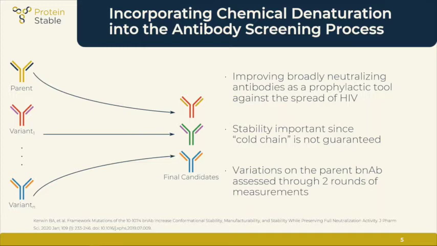Now, understandably, since HIV is the target virus, the target market for this particular product is going to be sub-Saharan Africa. And in this context, the stability of the antibody became quite important since the cold chain is not always guaranteed. What we mean by the cold chain is the refrigeration that these products need, not only in terms of logistics and transportation, but also in terms of storage before they're used to treat the patients.